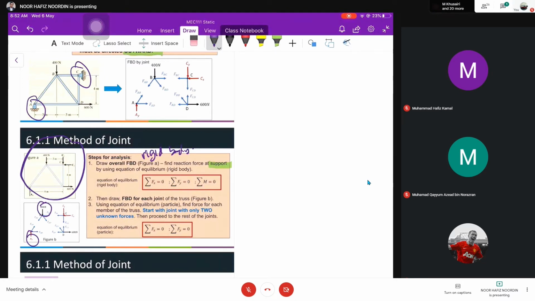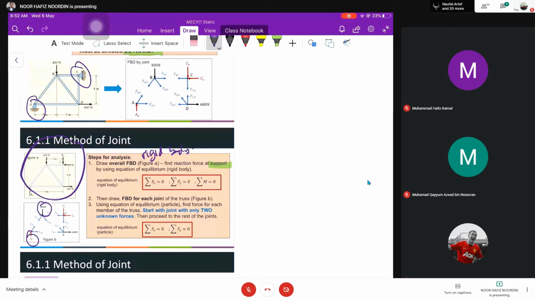Why? Because, logically, at a joint we only have one point, and all the forces act on that point only. We don't have any distance perpendicular to these forces on the line. That's why we have no summation of moment equal to 0. Understand?